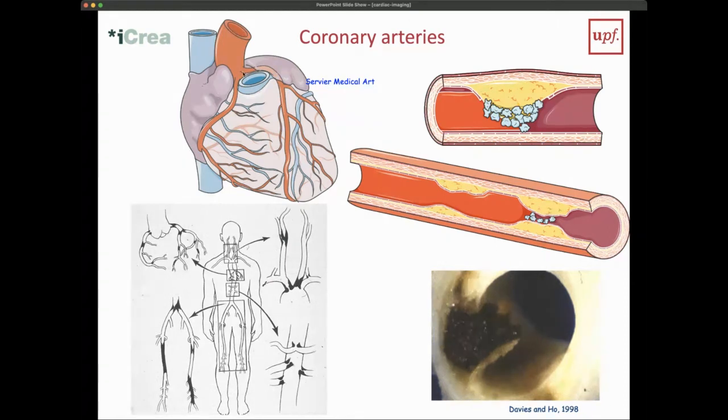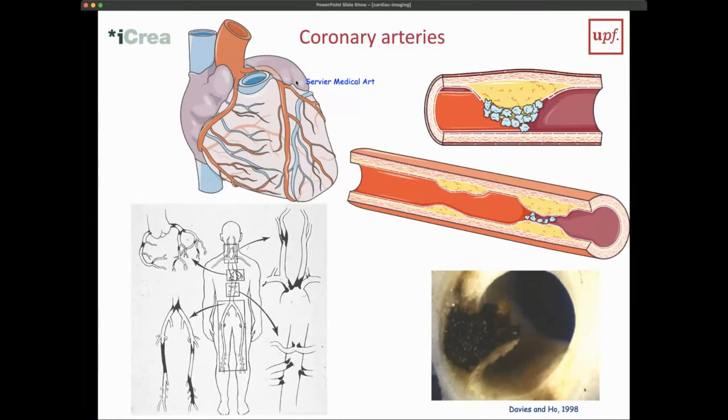The coronary arteries are the blood vessels that bring the blood to the heart itself. Because of the pumping, the contraction of the heart, you need a lot of energy, a lot of oxygen and a lot of nutrition. That means there has to be blood to the heart itself, and that's provided by what we call the coronary arteries.